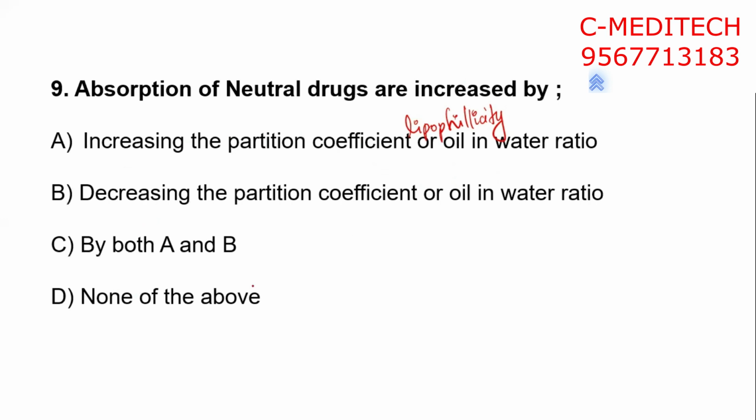Decreasing the lipophilicity would be like increasing the hydrophilicity, which is needed for drug excretion. And now they are talking about absorption. So that means we have to increase the lipophilicity. For a drug to be absorbed, it has to be lipophilic in nature, right? So option A is the right answer. For absorption of any drug, or for absorption of a neutral drug, we can increase the lipophilicity of the compound.